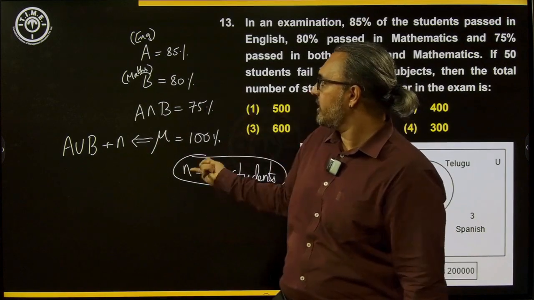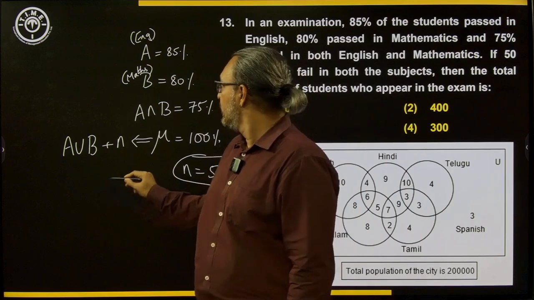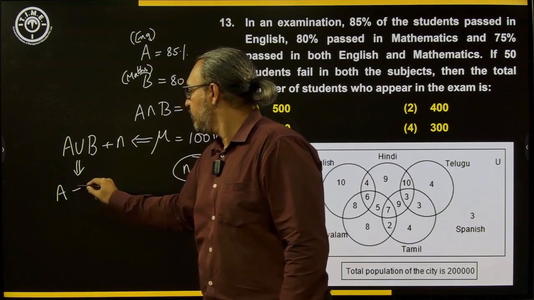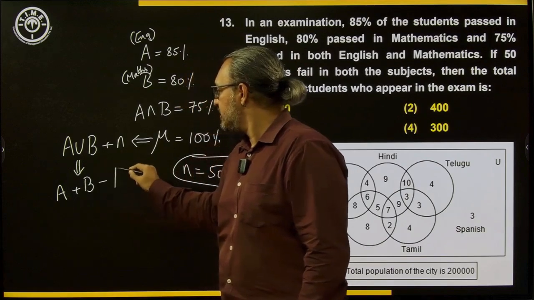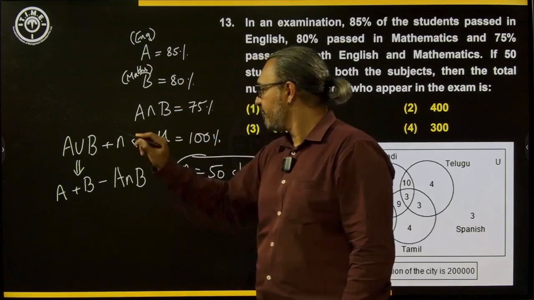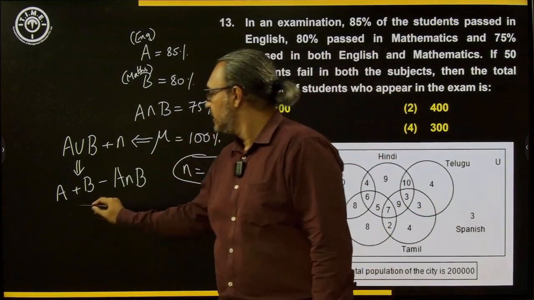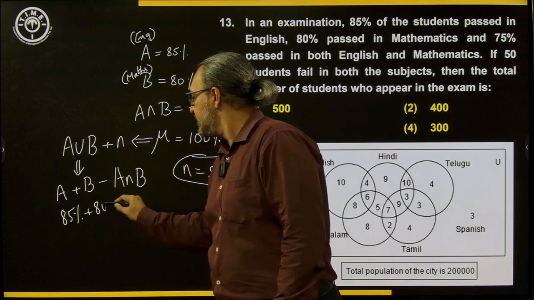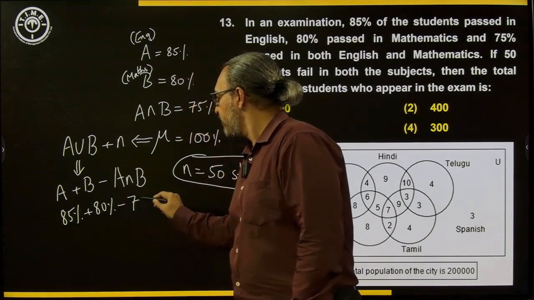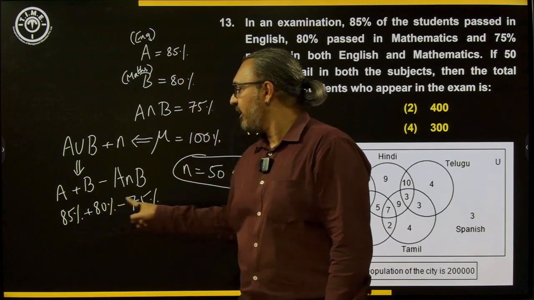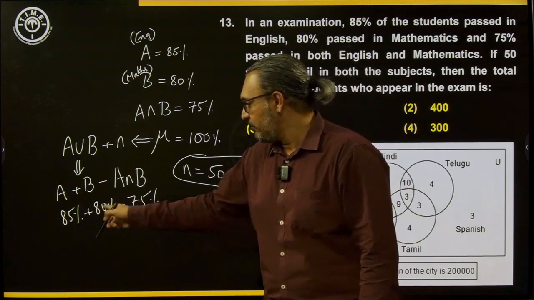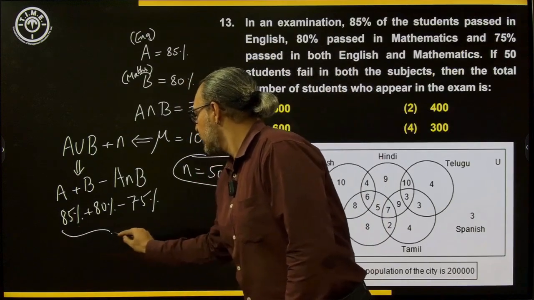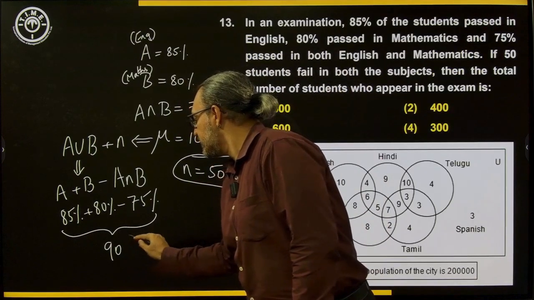So you do what is A union B? We know the formula. So which is A plus B minus A intersection B. Correct? So you do that. We have 85 plus 80 minus 75. So we know 85 minus 75 is 10. 10 plus 80. So this total gives you 90%.